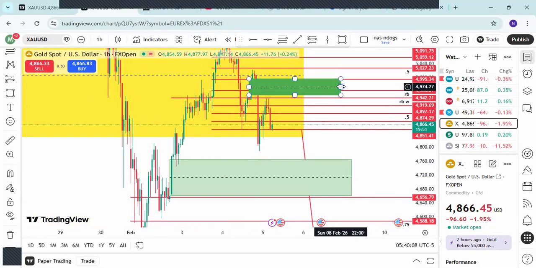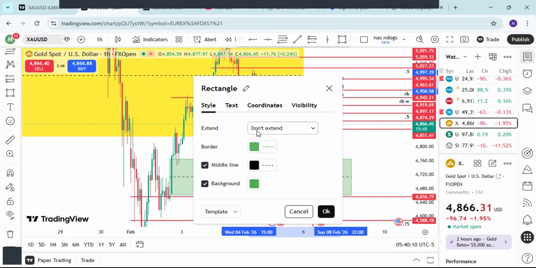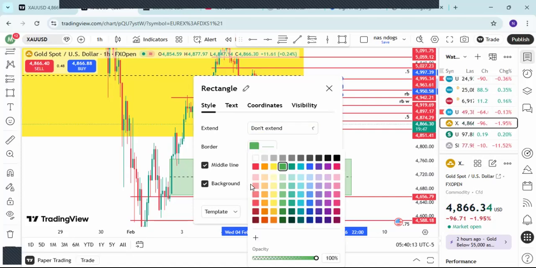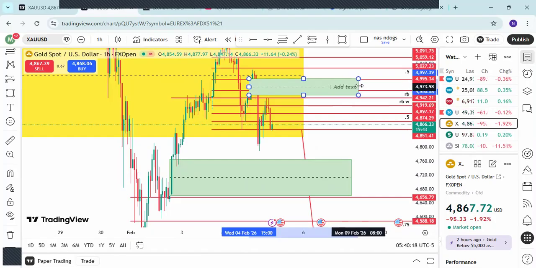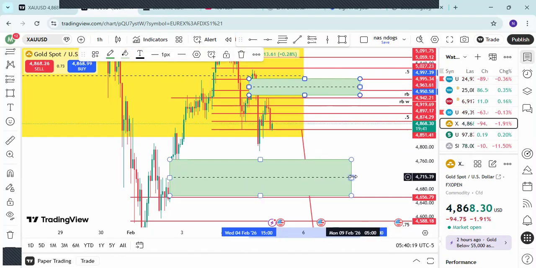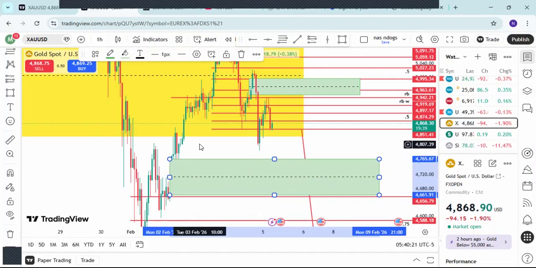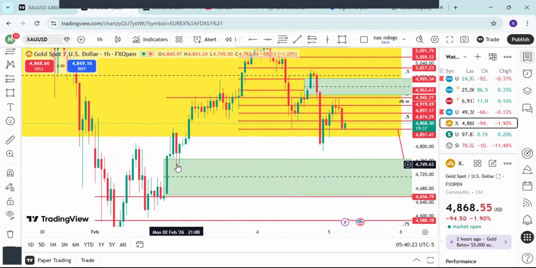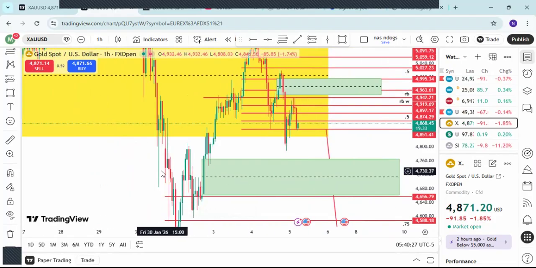Let's make this one light too. So this one is a high probability, this one down here, because it only has wicks. So we need candlestick bodies in here.